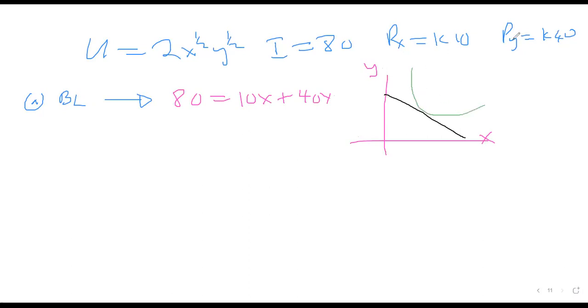For x, you divide 10 into 80, which is what? Yes, 8. 10 into 80 is 8. Y is 40 into 80, which is what? 2. Now I want to find the optimization point here, point B.